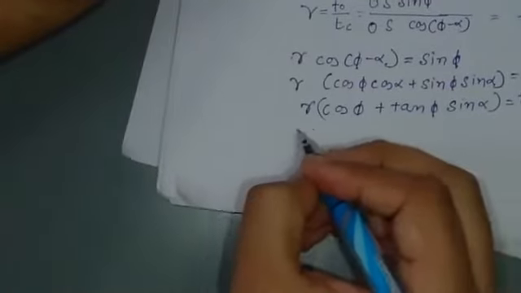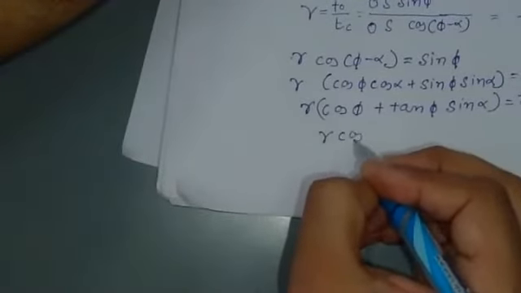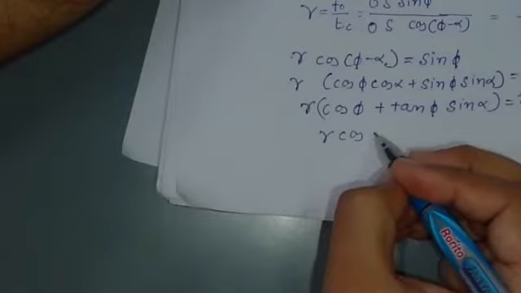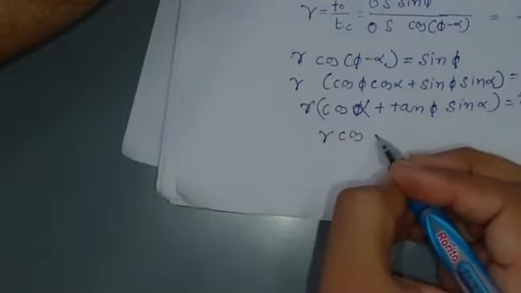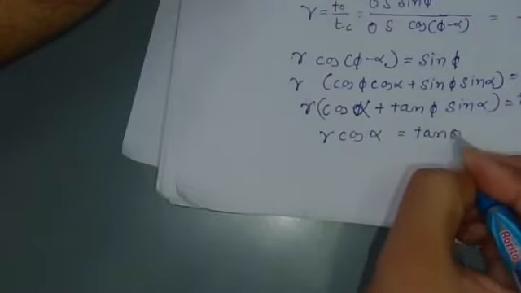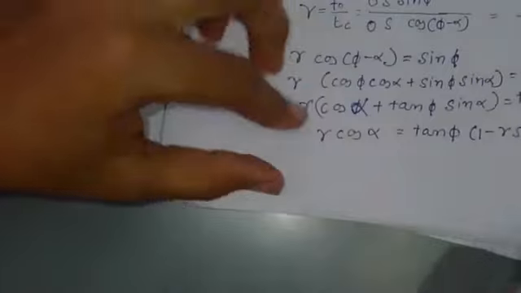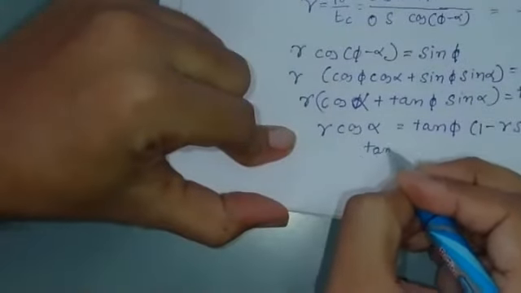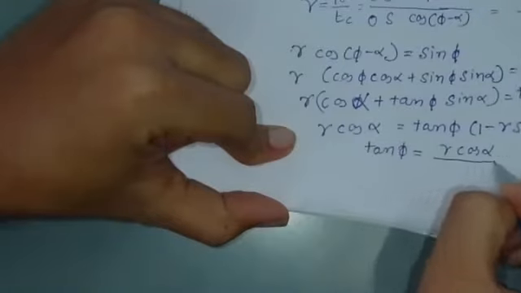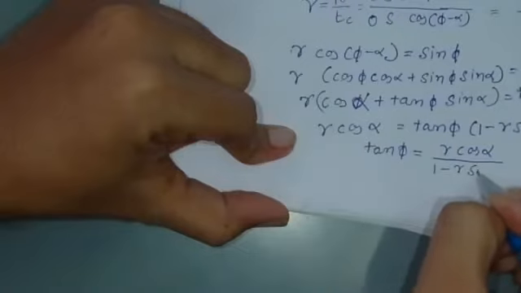Or just a bit more, r cos alpha is equal to tan phi times (1 minus r sin alpha). Or one more way to expand it is tan phi is r cos alpha upon 1 minus r sin alpha.